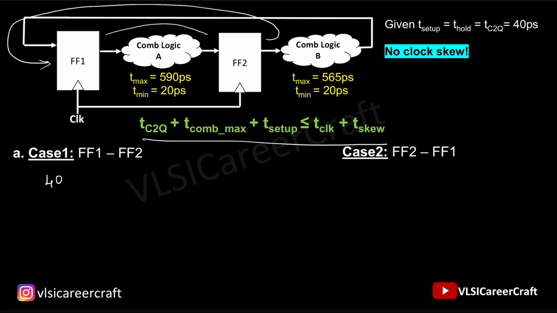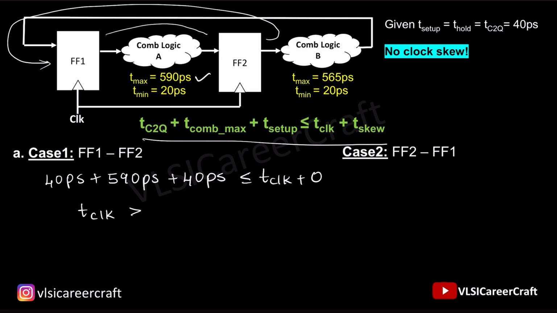T clock to Q is 40 picosecond and T combinational delay max is 590 picosecond for combinational logic A, and T setup is also given as 40 picosecond, which is less than T clock, plus there is no clock skew, so clock skew is 0. So that gives us T clock is greater than or equal to 670 picosecond. This is for path 1.